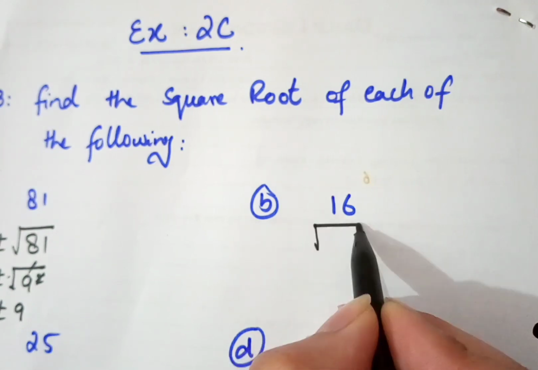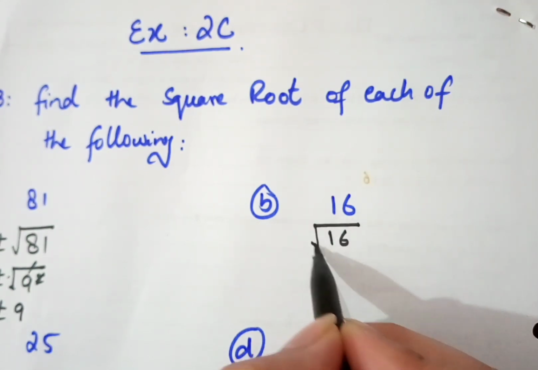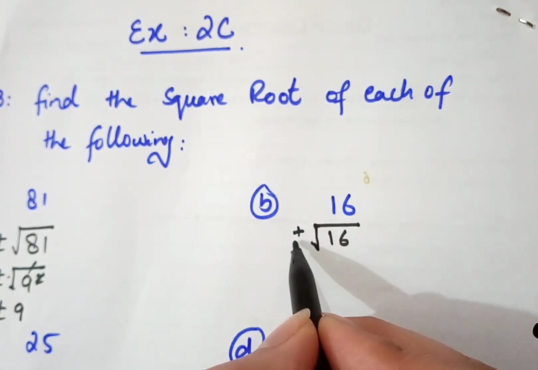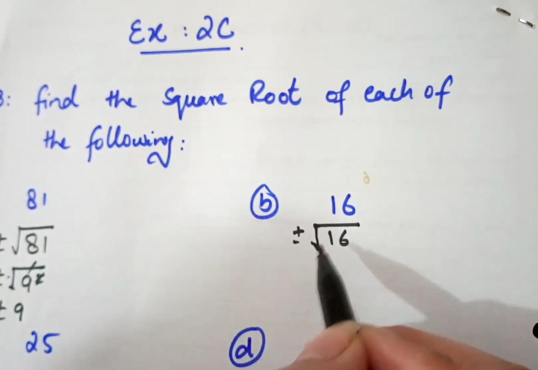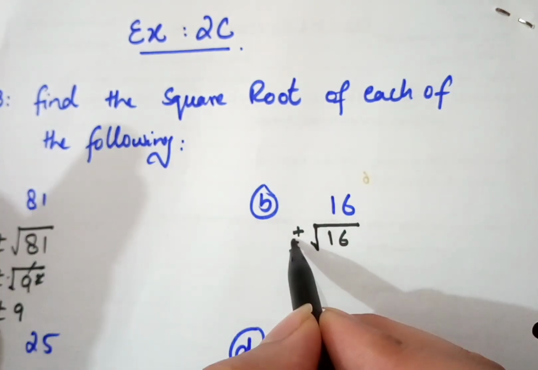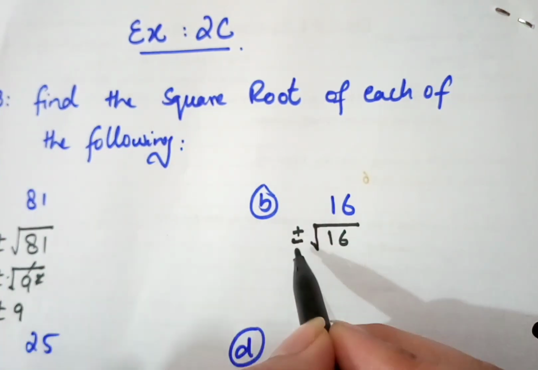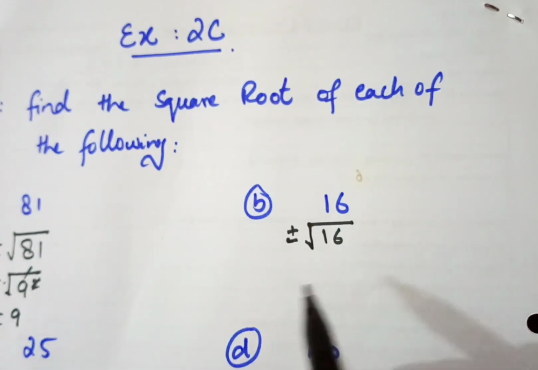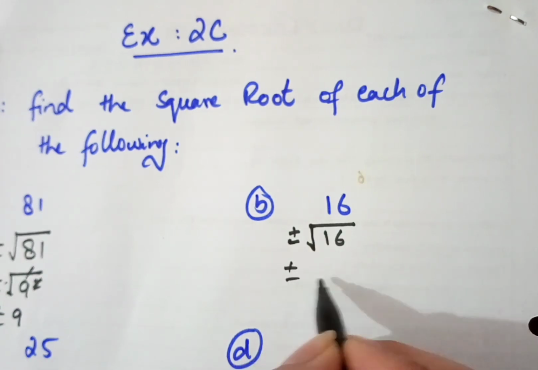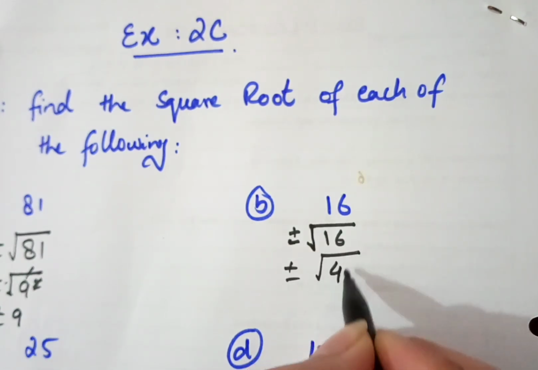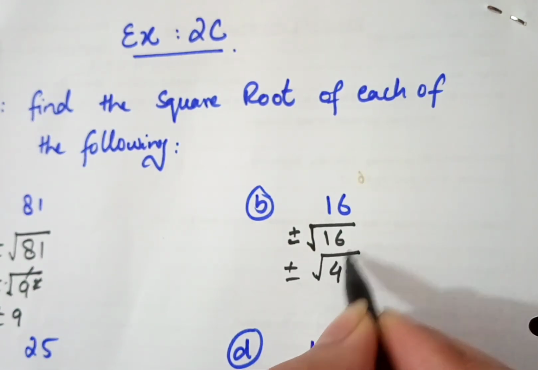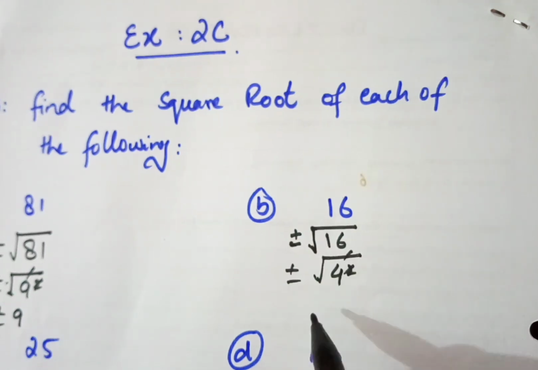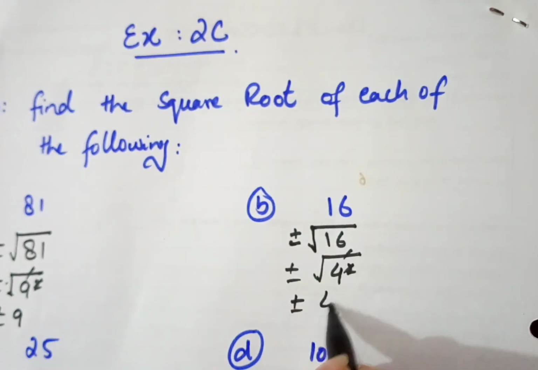Again, we place this root sign on 16, and this square root sign has two signs. Basically we have the positive square root and the negative square root, so you can write these positive and negative signs together. Now 16 is the perfect square of 4. Now this square root sign and square undo each other and we get the answer plus minus 4.